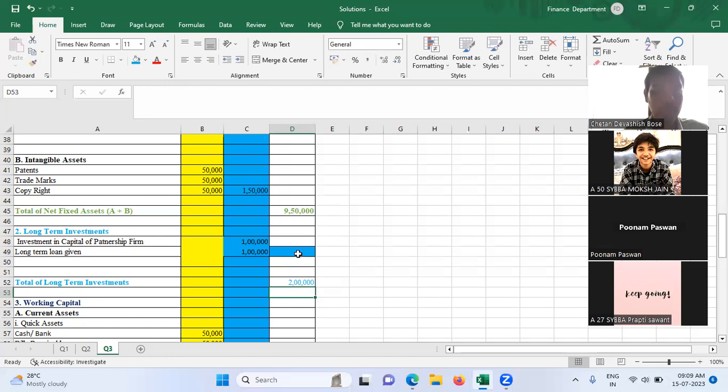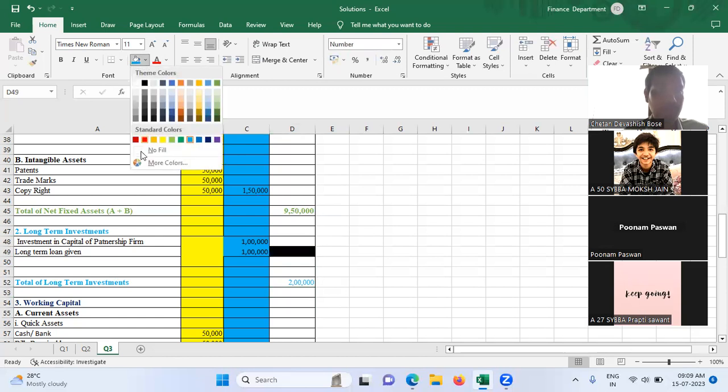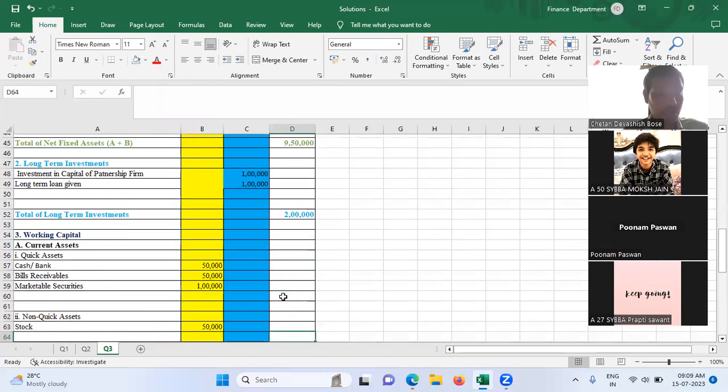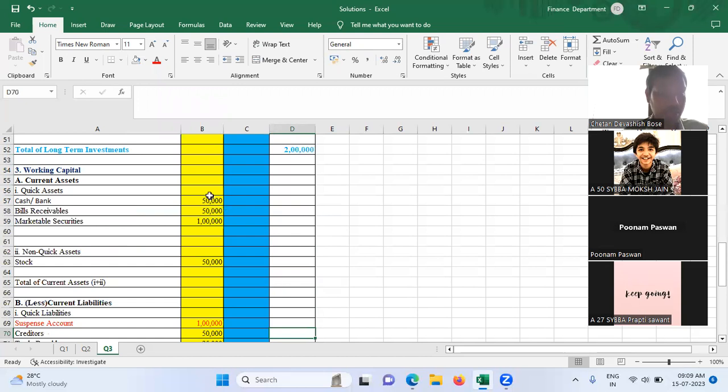Now the last, working capital. Now what we need to do with the working capital? Okay, check the total of current asset. The total of current asset is 2,50,000. Am I correct? Please let me know.